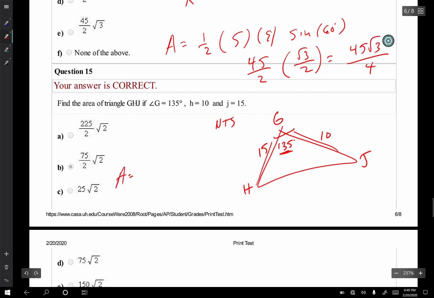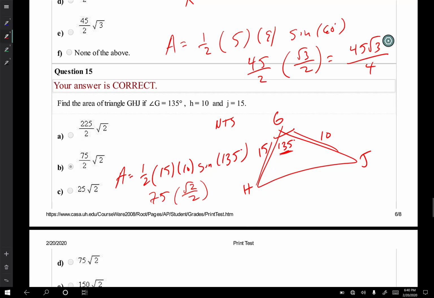Area equals 1/2 times 15 times 10 times sine 135. 15 times 10 is 150. 150 divided by 2 is 75. And then sine of 135 is square root of 2 over 2. So that's it. 75 square root of 2 over 2.